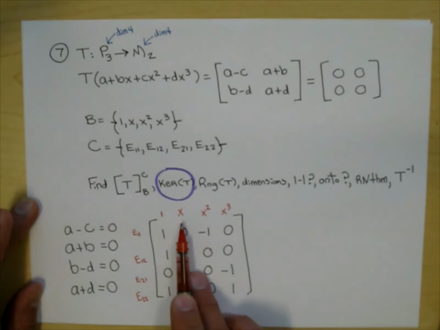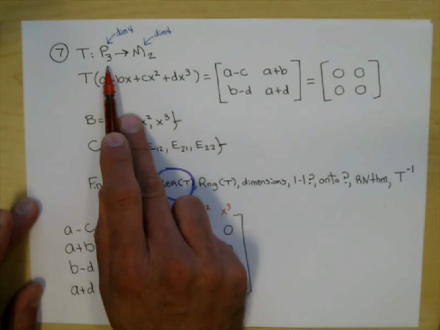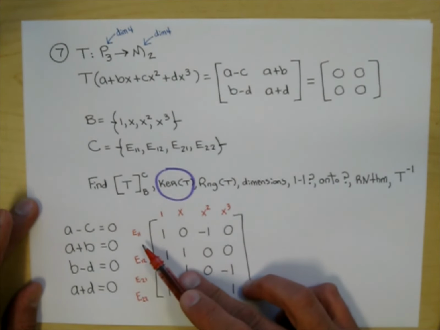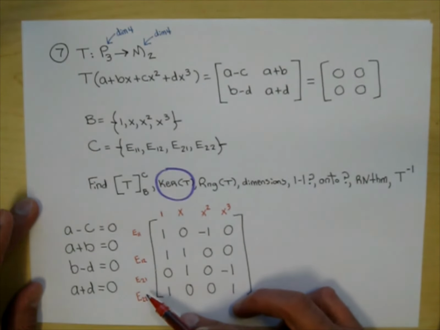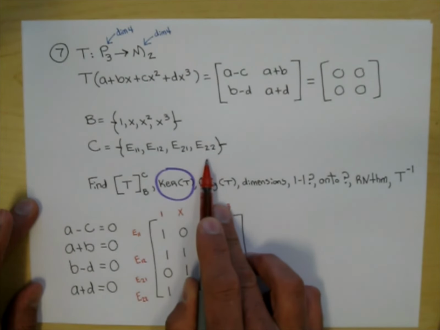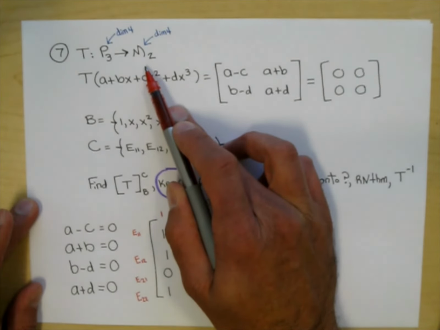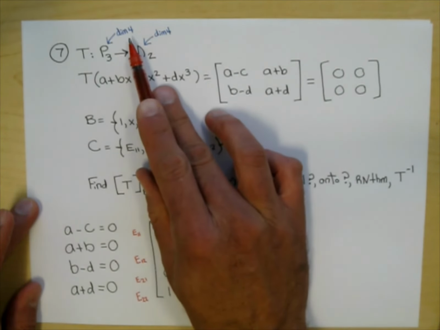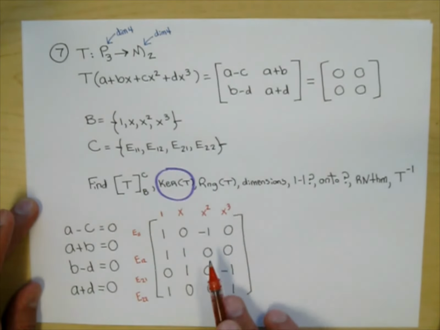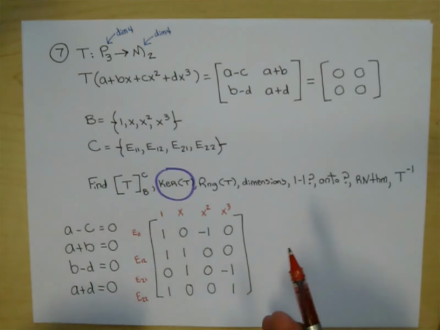It's an ordered basis for P3. And then coming down the rows, E11, E12, E21, E22. That's your ordered basis for M2. This is 4 going into 4, and your matrix is 4 by 4. So those 4's got swapped, but we didn't see it.